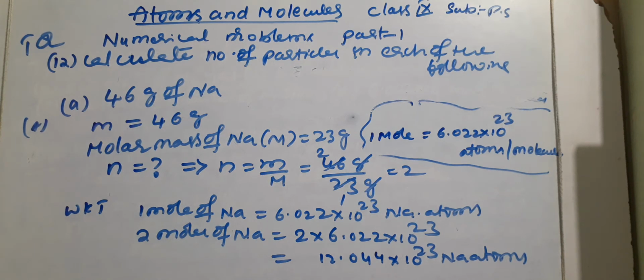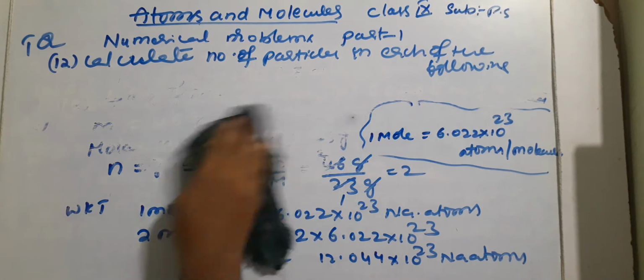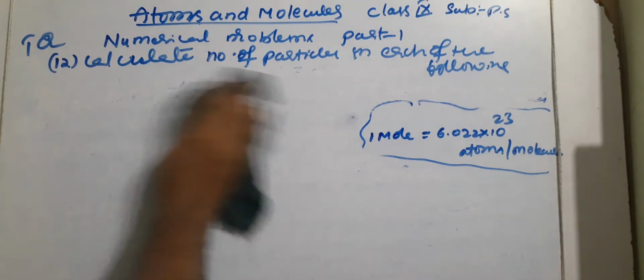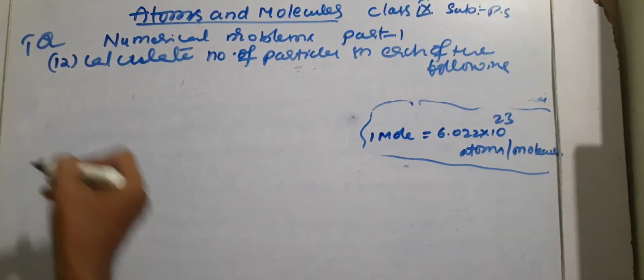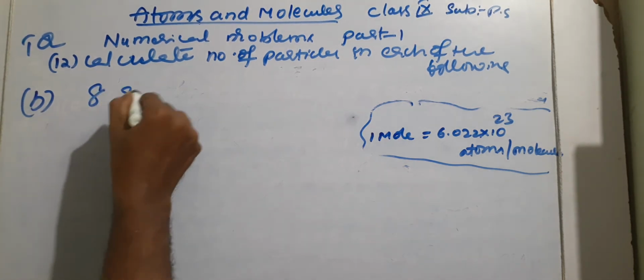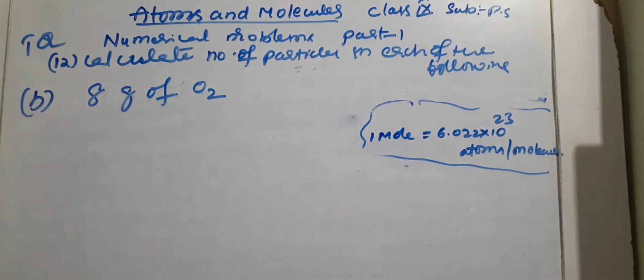Now the second one, students. Second one we want to calculate: how many molecules of oxygen are present in 8 grams of O2? Here also we use the same concept to find the number of molecules. Question number B in the 12th: 8 grams of O2.